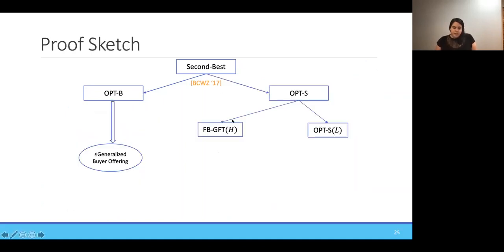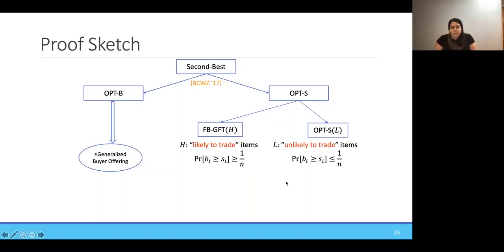So we split into the buyer part and the seller part. We bounded the buyer part with this generalized buyer offering mechanism, which comes from Brustle et al. Now we split the seller part from the super seller auction into the first best gains from trade from some set H and the optimal seller revenue from some set L. In particular, I'm going to define those sets to be the likely to trade items and the unlikely to trade items.